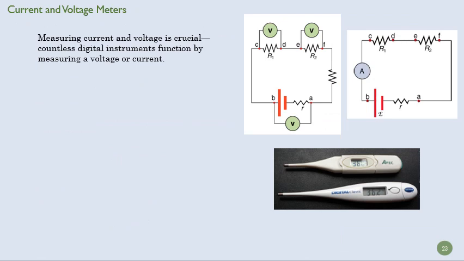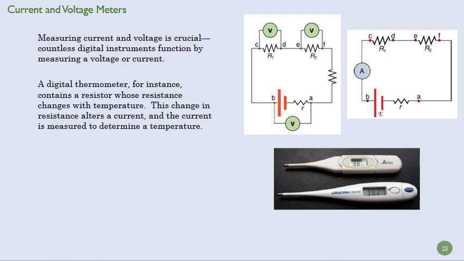And finally, we need to talk a little bit about meters. It might not seem like meters are that important, but they're really crucial. There are meters in all sorts of digital instruments. Any instrument on your car that's measuring your speed, measuring how much gas is in your tank, almost all of those are digital now. And so they're measured in some way by figuring out what the voltage or a current in a circuit is. And there are a couple of important things to recognize here.